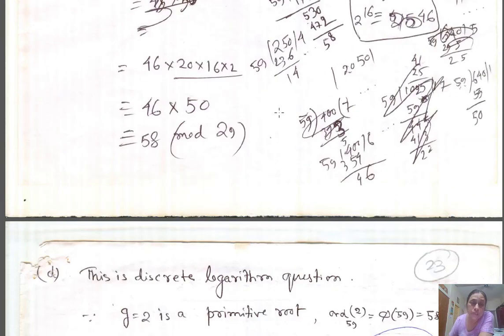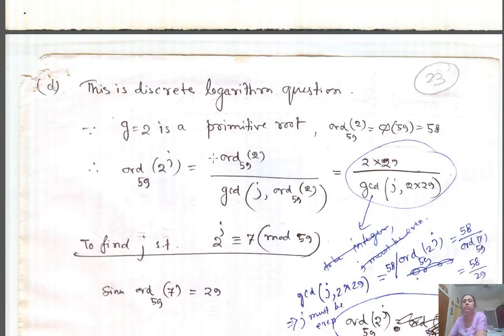Now, the last question was the discrete log question. I found the primitive root here, g equal to 2 is a primitive root. So I have to find a value of j such that 2 to the power j gives me 7 modulo 59.